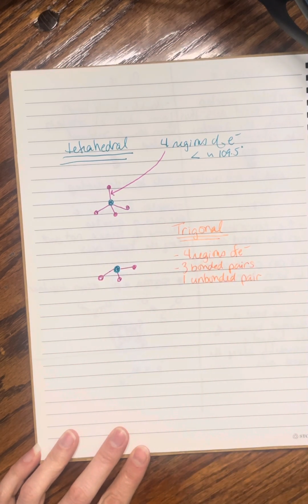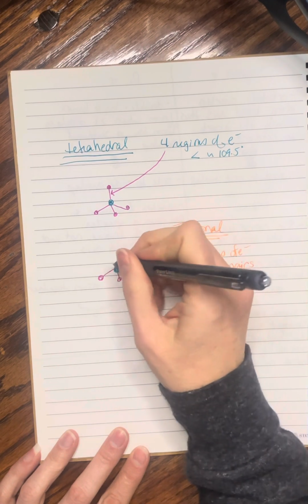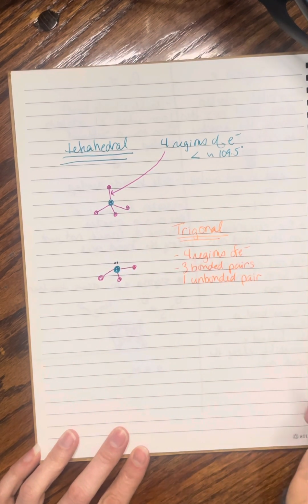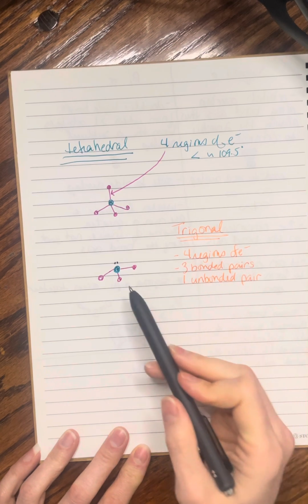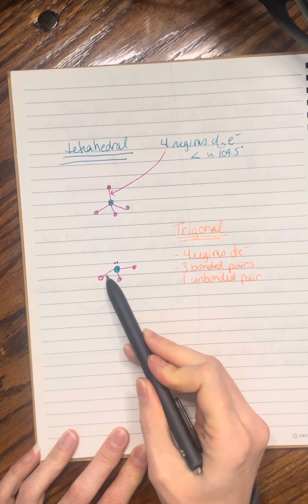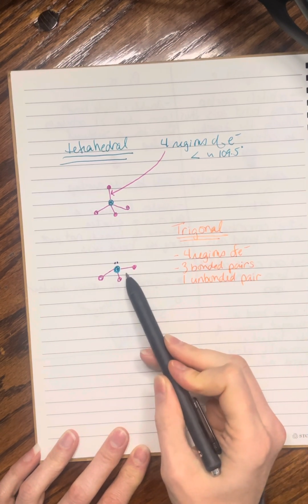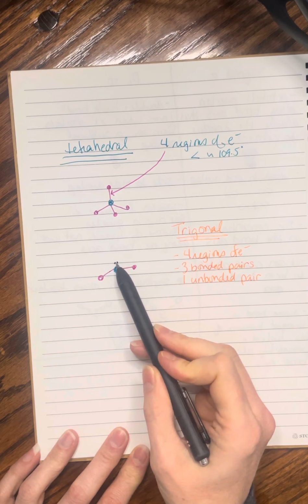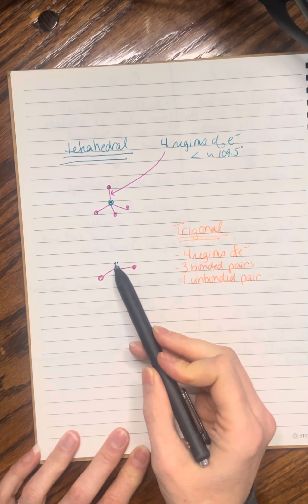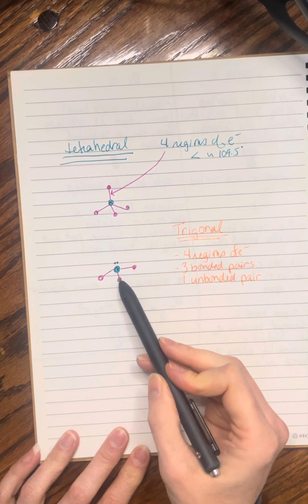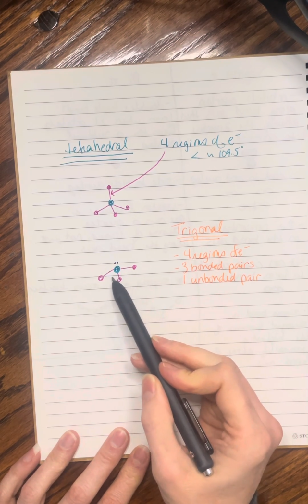Let me use a different color here. It's got these 2 unbonded electrons. It's got 4 regions of electrons, 1, 2, 3, 4, and it's got these 3 bonded pairs and this 1 unbonded pair. This 1 unbonded pair has a stronger repulsion force, so it's going to push these bonds a little closer together.